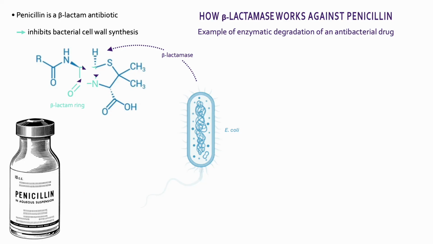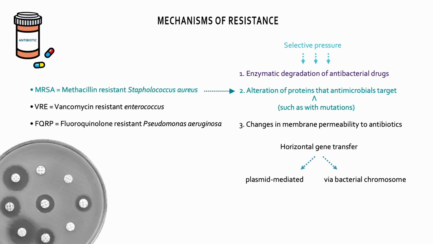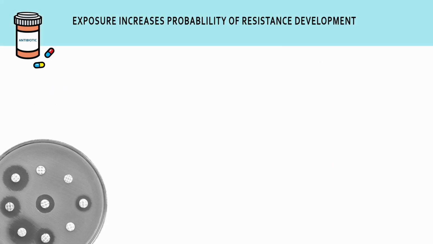When bacteria have the instructions for making beta-lactamase in their chromosome, it can be induced through exposure to beta-lactam drugs like penicillin. Resistance to methicillin, like with MRSA, occurs through an alteration of the antibiotic target protein, in this case penicillin binding protein 2. The probability of bacteria developing resistance increases with increased exposure of bacteria to that antibiotic.